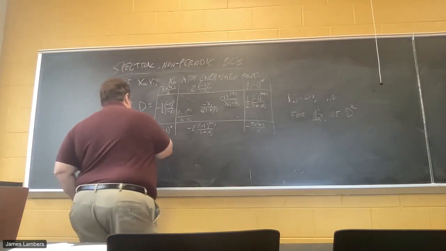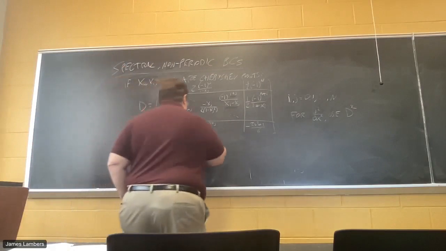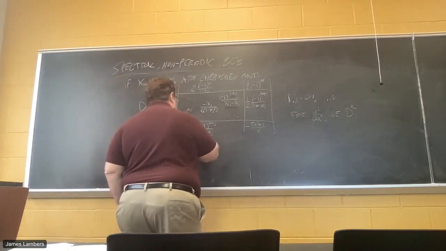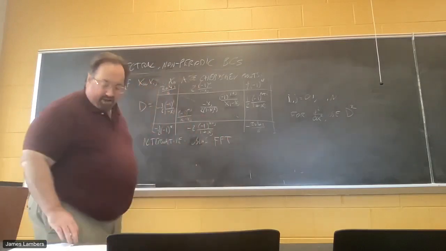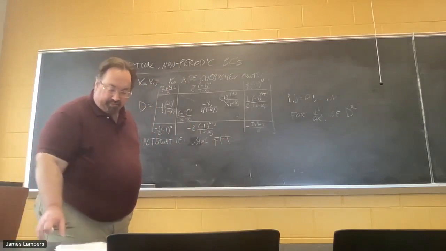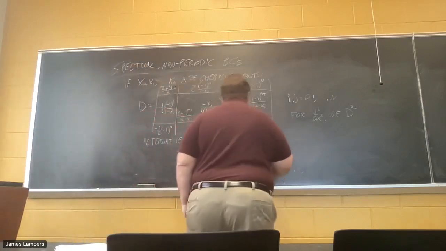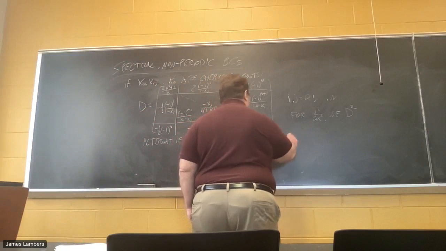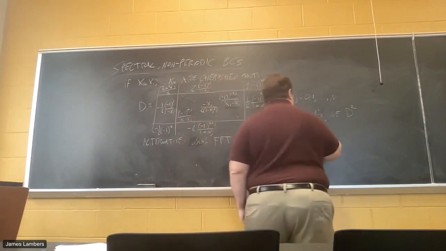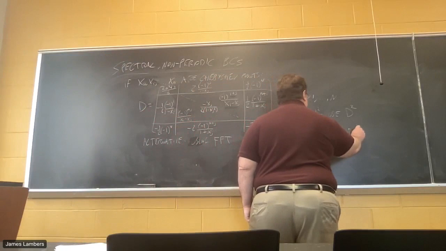So an alternative is actually using a tool from a periodic case, using the fast Fourier transform. And the reason for that is if I let x be equal to cosine theta, so x is in the interval -1 to 1, theta is in the interval 0 to pi.